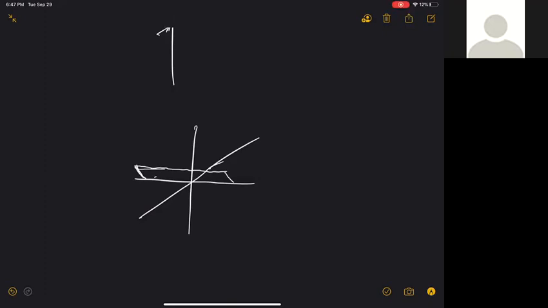Imagine I had kind of a shape that was kind of like this, and it kind of sloped down and then hit the y-axis and then curved back up. Okay, so it kind of formed a sharp V there.